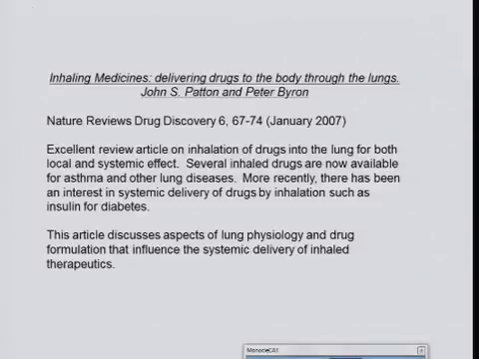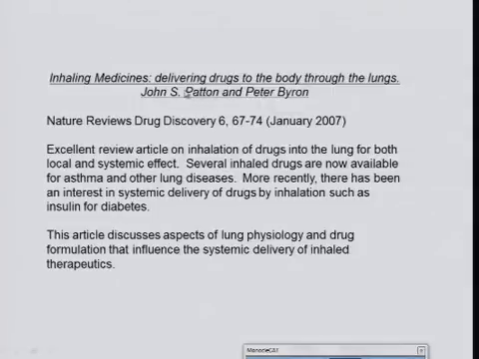We mentioned already how close the airways are to the blood system when we get down to the alveoli level. So if we can administer drugs in an aerosol that we can get deep deposition with, we can actually get that drug to move through the lung epithelium into the blood system. So the lung is a very effective delivery system for a variety of different drugs.